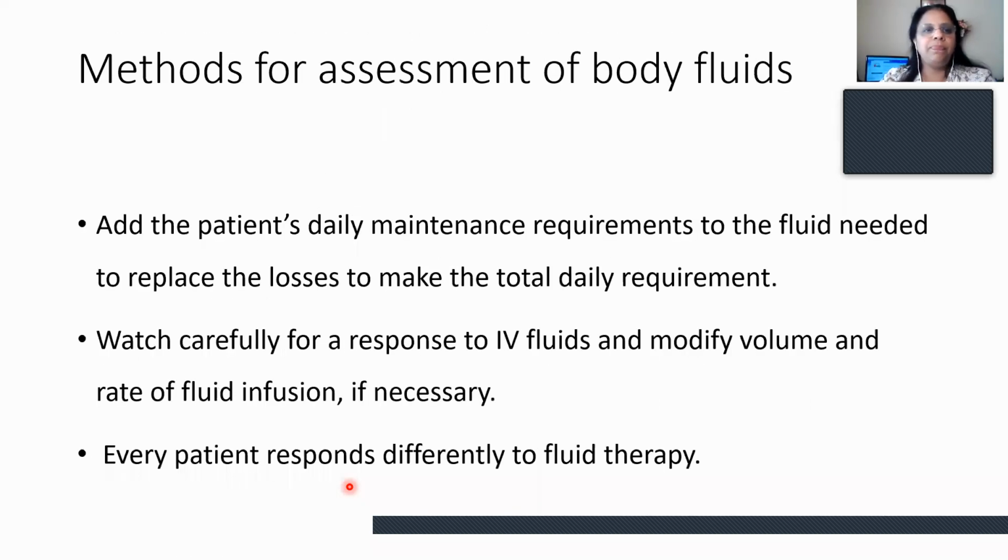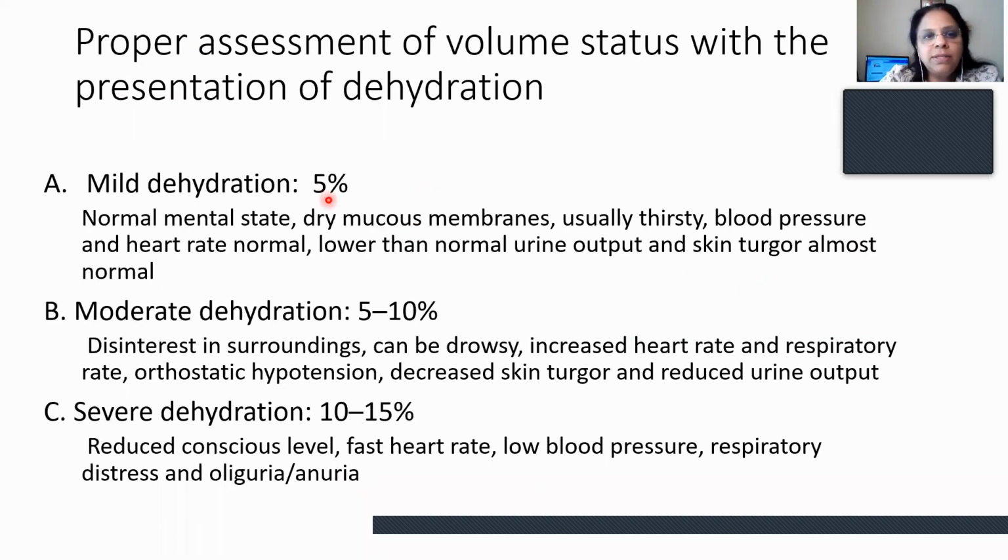Okay, so the method of assessment of body fluids: oh, sorry, this should be the previous lecture's methods. You take the patient's daily maintenance requirement and add the fluid needed to replace the losses to make the total daily requirement. So now say you get a 5% dehydrated child.